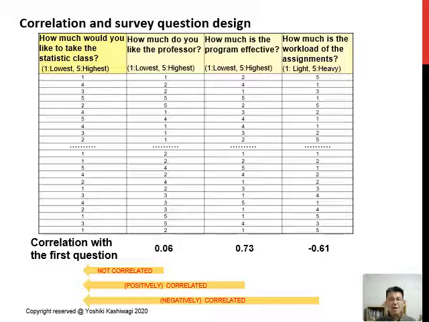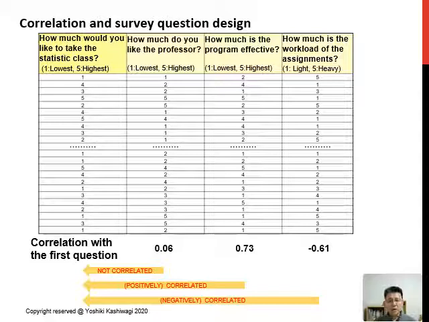And next, how much do you like the professor? And how effective is the program? And finally, how heavy is the workload of the assignment? The 1 shows very light, 5 shows very heavy. And now we got the answers from a certain student group.